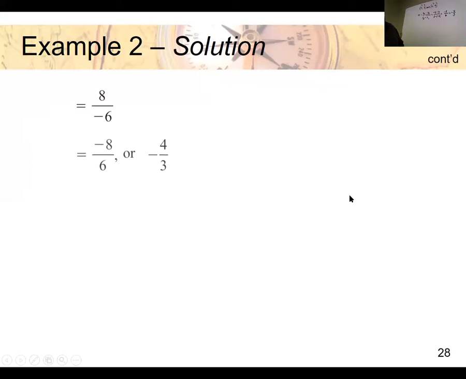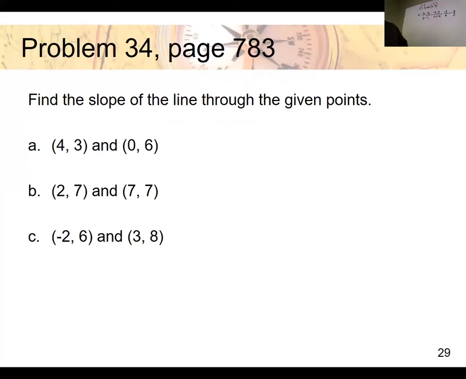Okay, this is how they did it. Now let's say we had these few problems here. Finding the slope of a line through the given points. All right, in this case here, I'm going to do these.